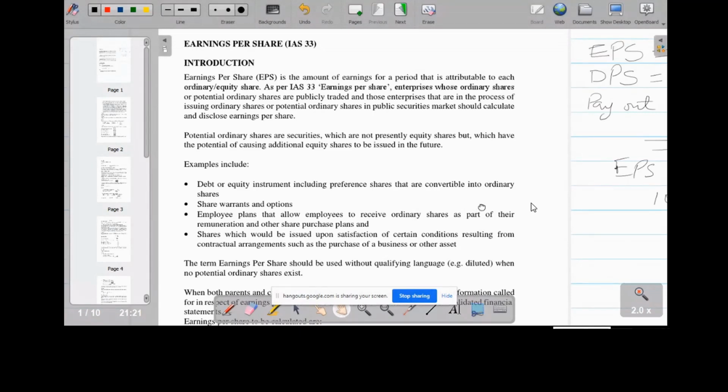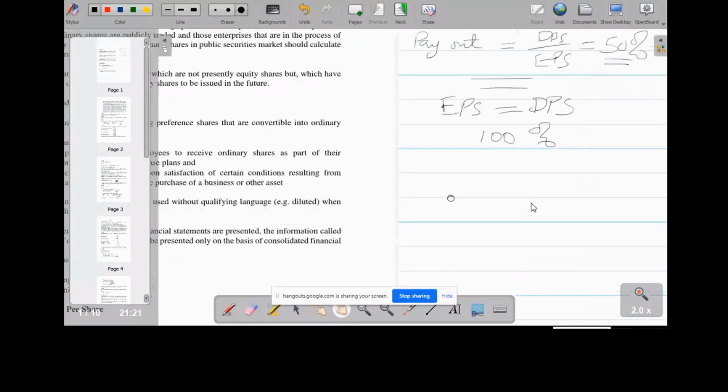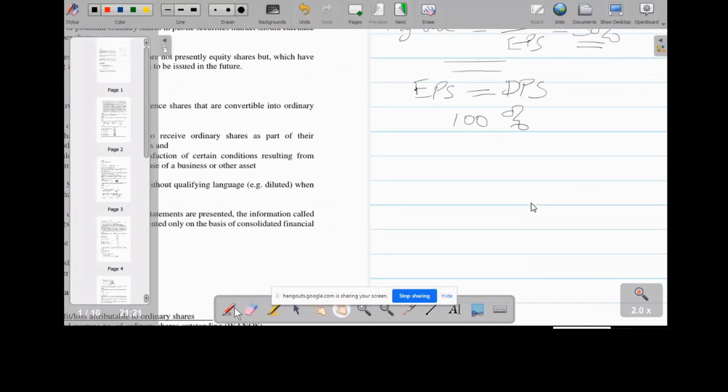For example, assuming now we are in 2019. During the year 2019, the amount of profit attributable to the ordinary shares is, let's say, 16,000. And the number of outstanding ordinary shares is 8,000.